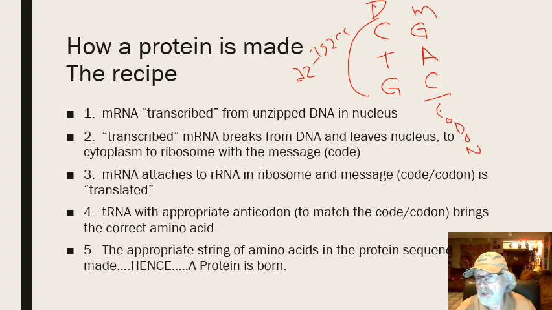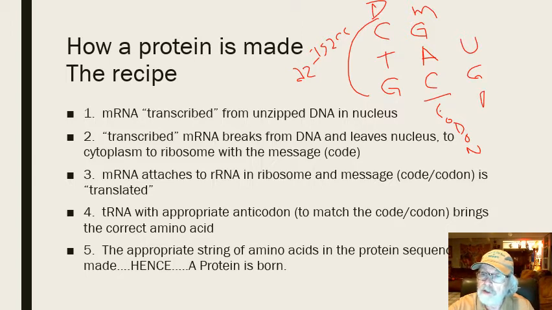That messenger RNA with that codon goes to a ribosome, brings in a transfer RNA. That transfer RNA is going to be cytosine, uracil, because again, there's no thymine, and guanine. Okay, so cytosine, uracil, and guanine.